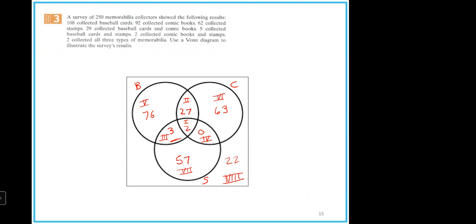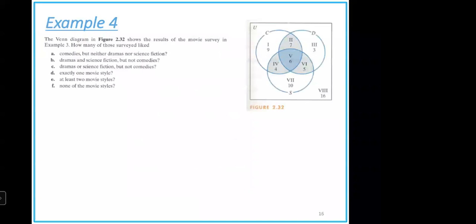Okay, so basically we're representing the information in the Venn diagram, but you should also be able to answer questions about it. We didn't look at answering questions, but here we're going back to an example, one of the questions we looked at earlier where we put the information in the Venn diagram. This one deals with comedy, drama, science fiction.